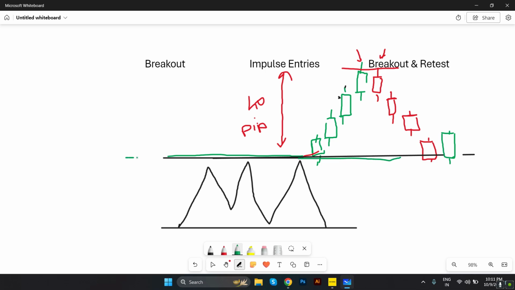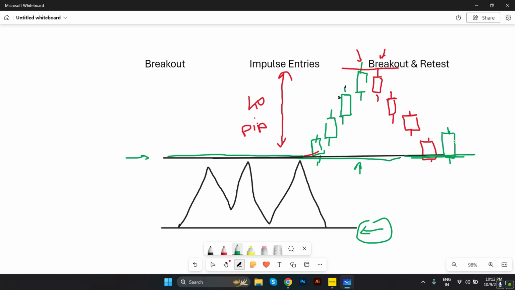So this was your resistance, which has now become a support. Just consider this as the ceiling of your house. Price was ranging in this, this was your floor, and this was your ceiling. Price broke the ceiling, now it comes back, and it has created another floor like this. So this is your support area.